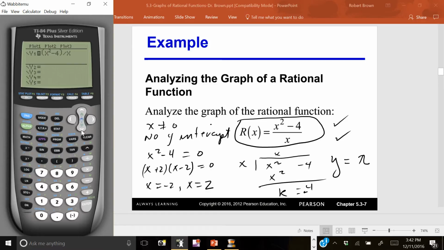And since we said an oblique asymptote would be y equals x, let's put that in. And let's zoom to the standard window. Sure enough, there is the graph. You can see the vertical asymptote of x equals 0, the zeros of minus 2 and plus 2, and here we've drawn y equals x, the oblique asymptote.